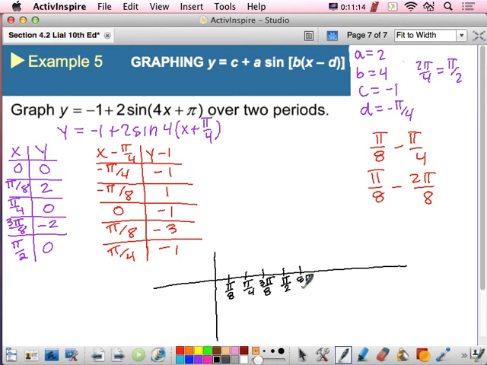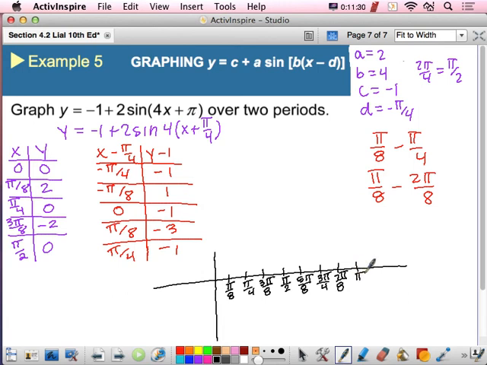I think that's far enough, right? Maybe, I don't know. 6 pi over 8, 7 pi over 8, 8 pi over 8. Surely that's far enough.